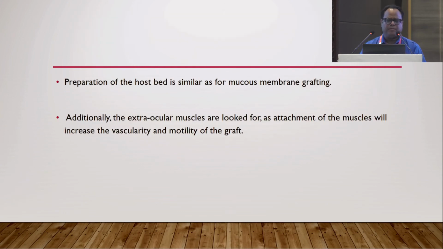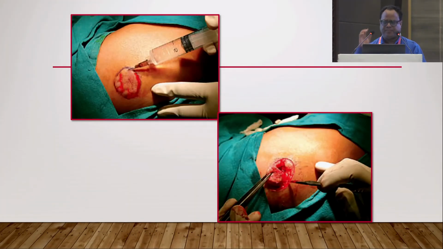I will not go into details as it is already covered. That is one, the dermofat graft. In congenital cases, if the socket is not so healthy, we can assess the vascularity of the orbit by Doppler.